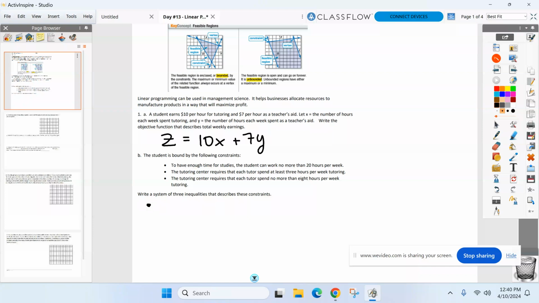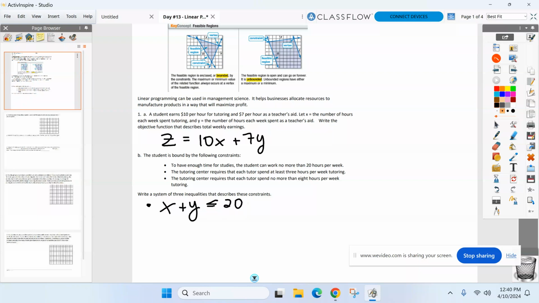So I just want X and Y by themselves. So the amount of time you spend tutoring plus the amount of time you spend being a teacher's aide, you can't do more than 20. What symbol am I going to put there? No more than 20 hours. Think about it as money in your pocket. No more than $20 in your pocket. Less than or equal to 20. So there's your first inequality.